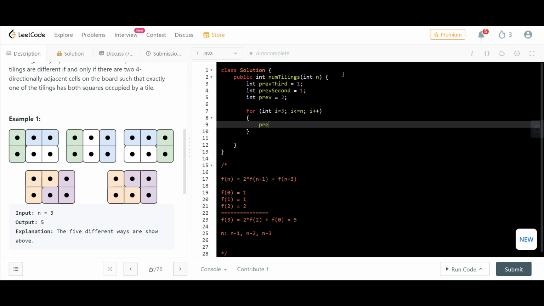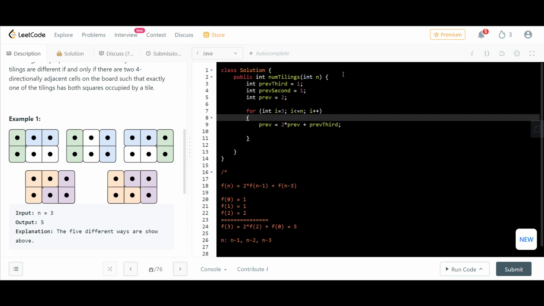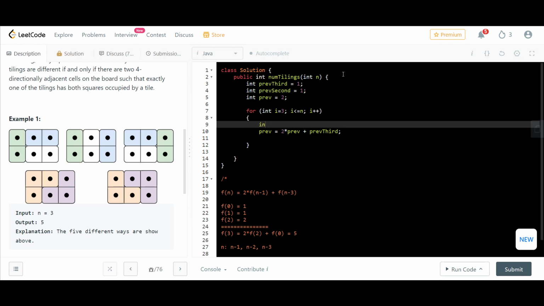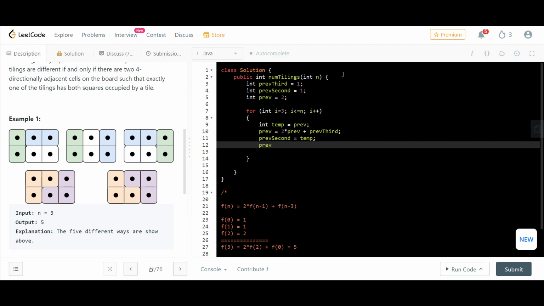So I have to solve previous, right? So previous equals, I'll save the result in previous. So previous equals 2 times previous plus previous third, but you have to save. Okay, let's call it temp. So now this previous is fine. Now I want previous second as this temp and previous third.